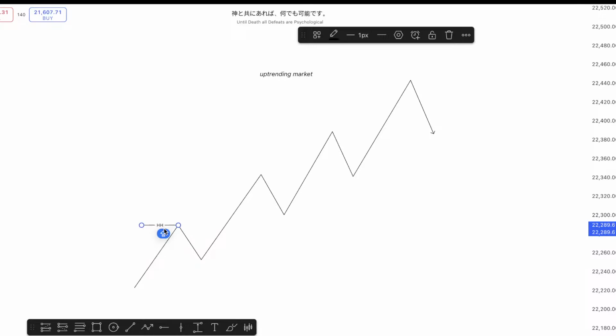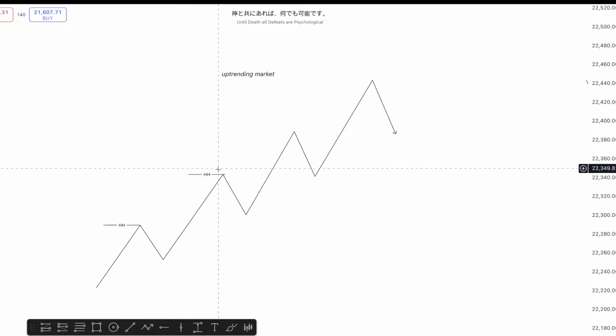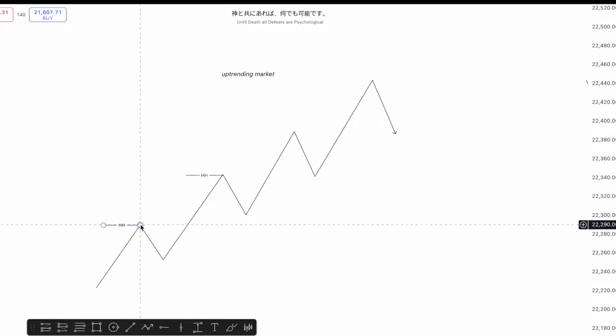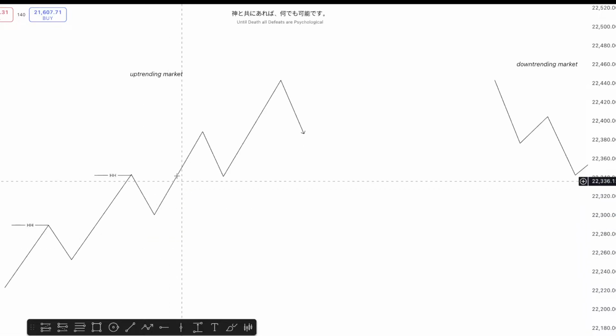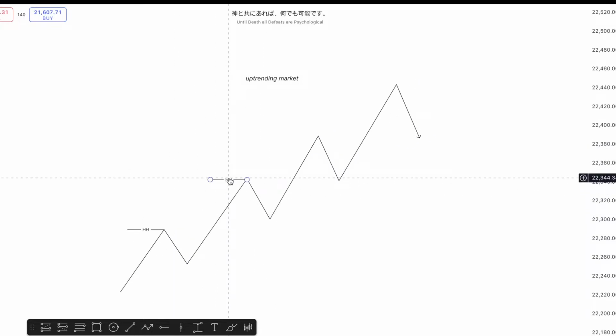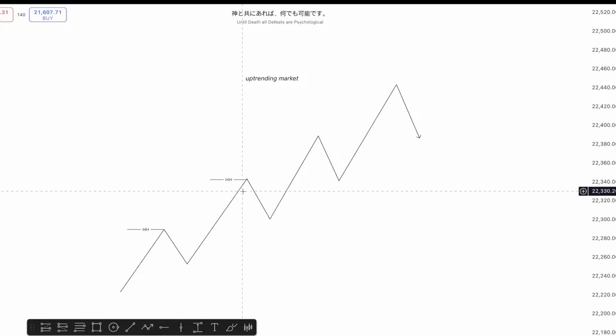Now, the reason why this is called a higher high is because in an uptrending market, every time we create a high point, we create a high point that is higher than the previous high before it. So here we have a high point, pullback, and an even higher point.